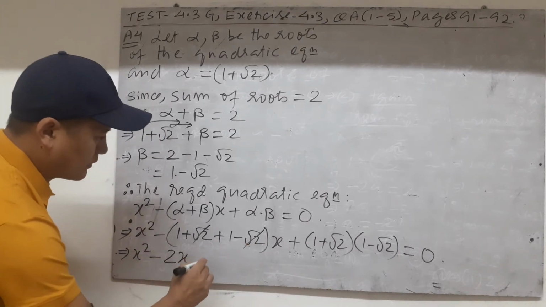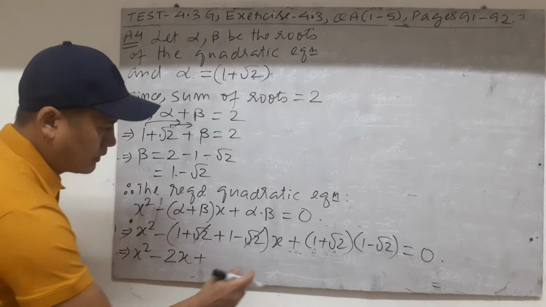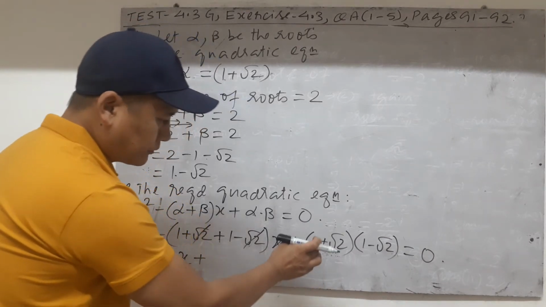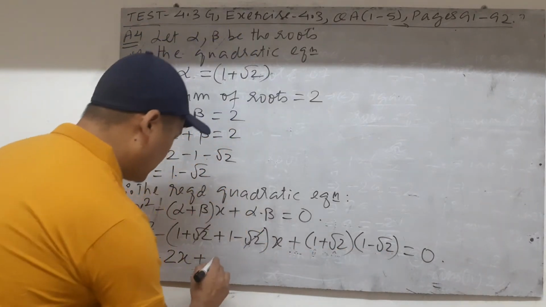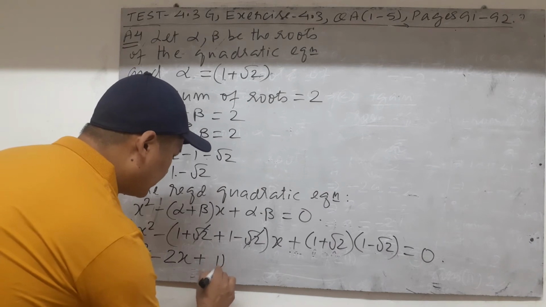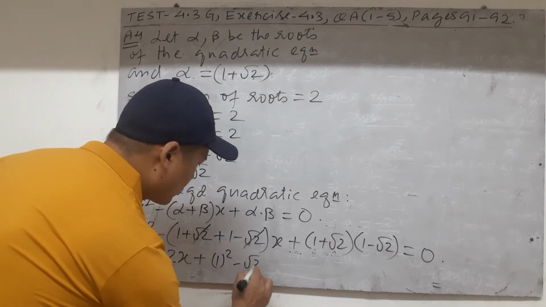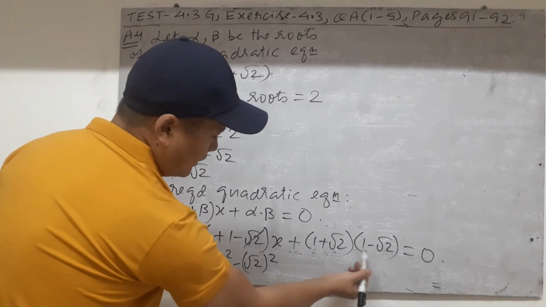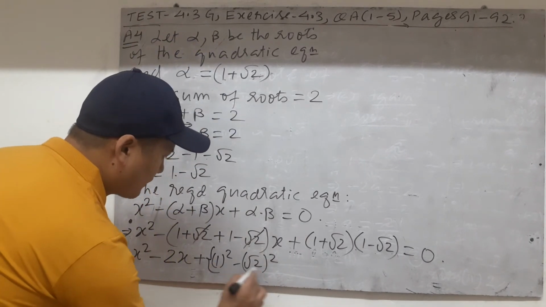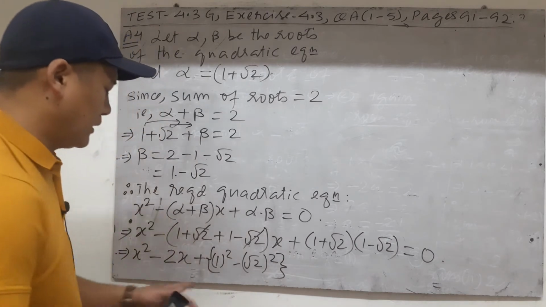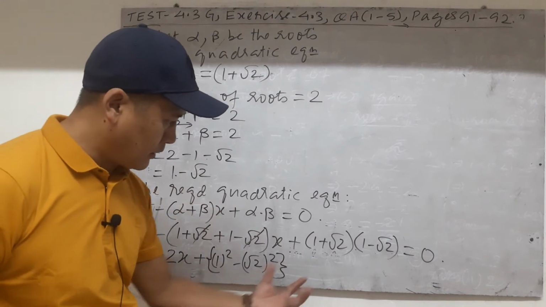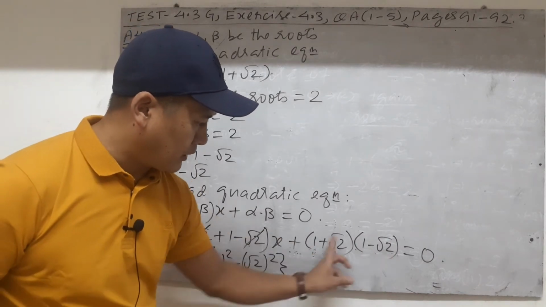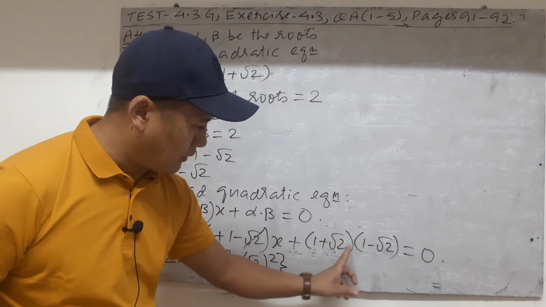And here x plus, here be careful, a plus b into a minus b is a squared minus b squared. But because this is multiplied here, we need to cover it up with a second bracket, indicating that it's plus into this. A plus b into a minus b. 1 plus root 2. 1 is like a, root 2 is like b.